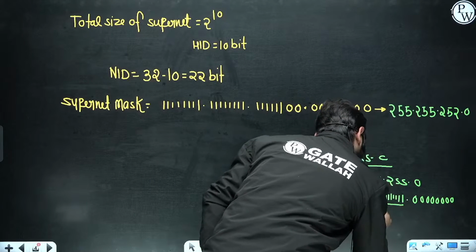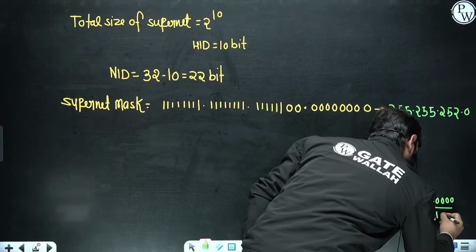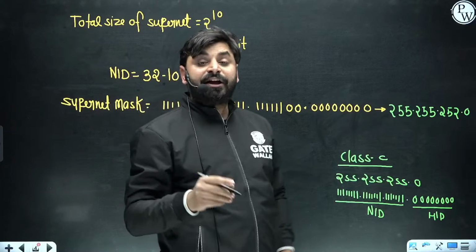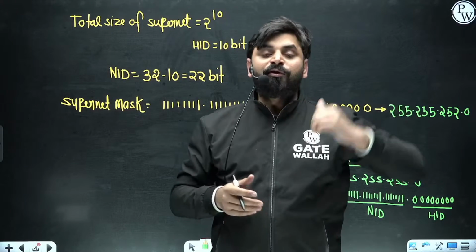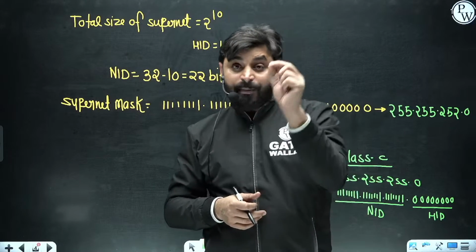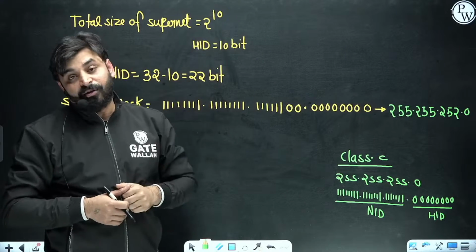So this part is the network ID we know, and this is the host ID. Actually, in subnetting we borrow from the host ID, but in supernetting we borrow from the network ID. This is the small difference only.